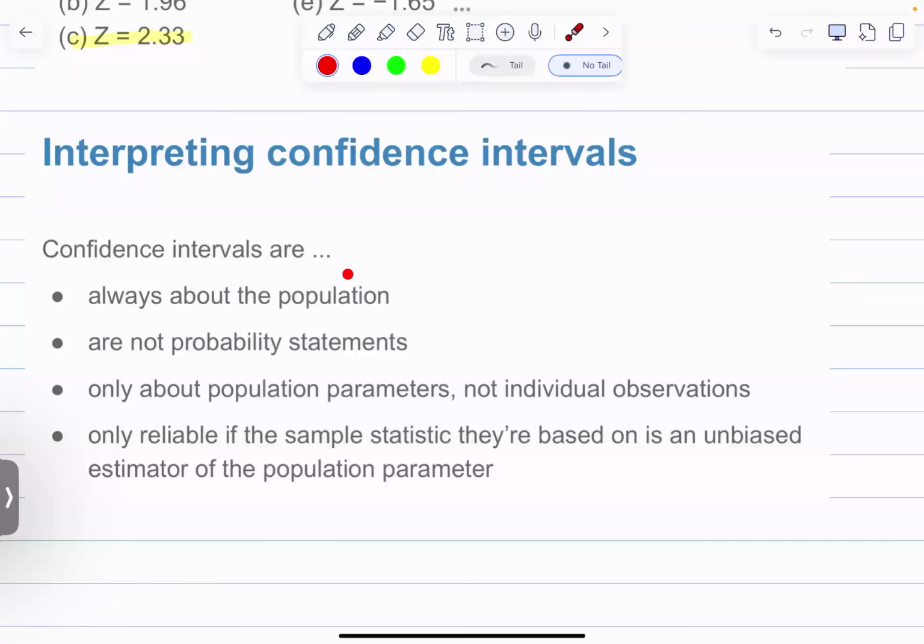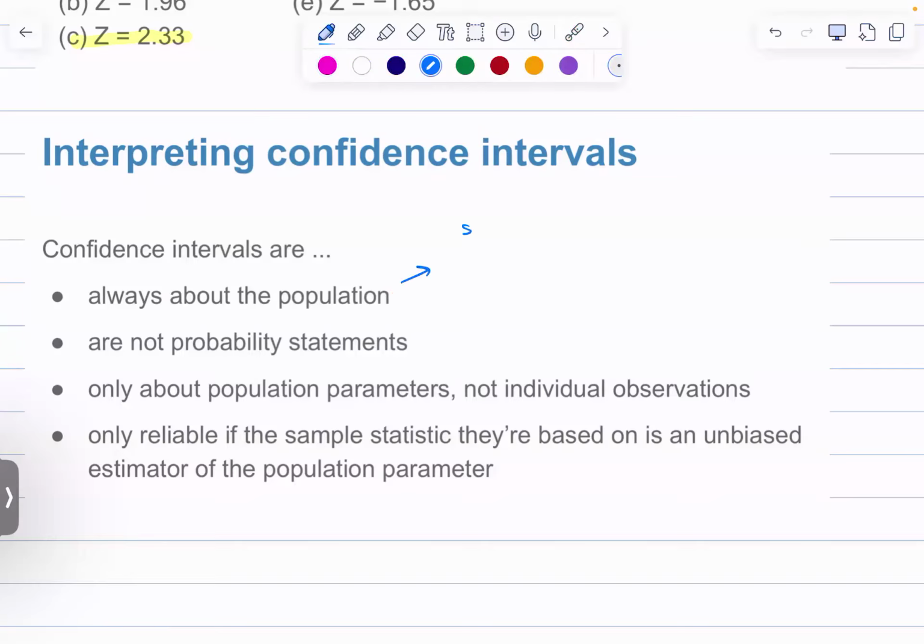Confidence intervals are always about the population. It's really important that you're talking about the population because you're 100% confident about the sample proportion. It's your sample. You know everything that you could possibly want to know about your sample. And so that's why you always want to make sure that you're talking about the population.